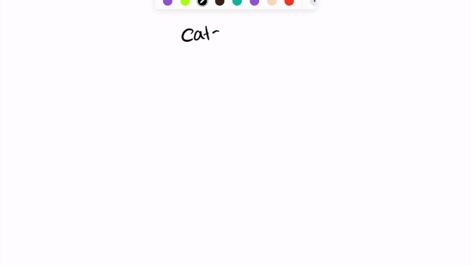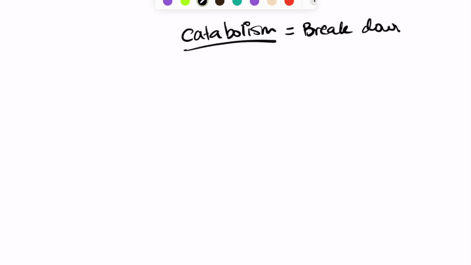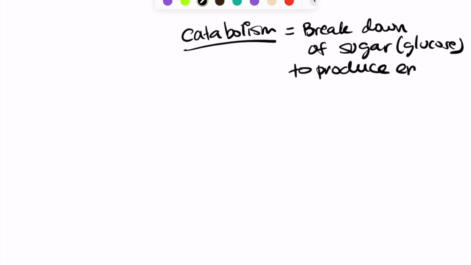So remember, catabolism is a type of metabolism, and it's basically the breakdown of sugar, like glucose, to produce energy, right, as ATP.